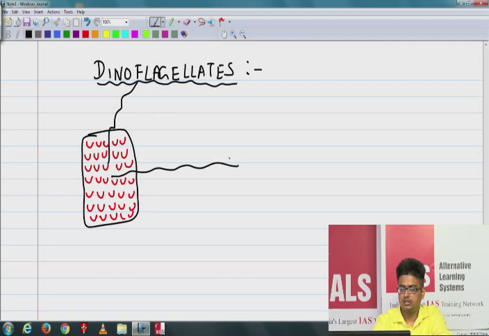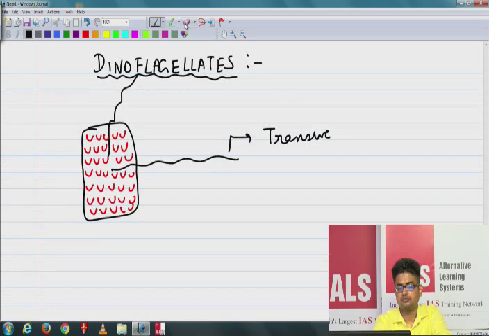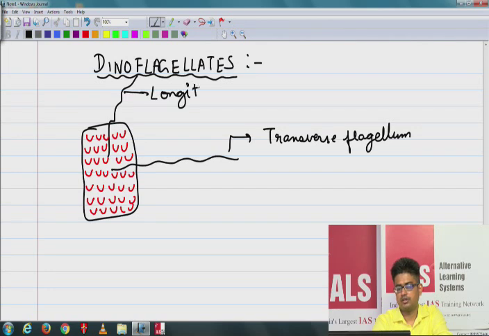There are two flagella. This one is called the transverse flagellum. This one is called the longitudinal flagellum. Each flagellum rests in a groove on the cell wall. Each flagellum is placed inside a groove called the transverse groove and the longitudinal groove.